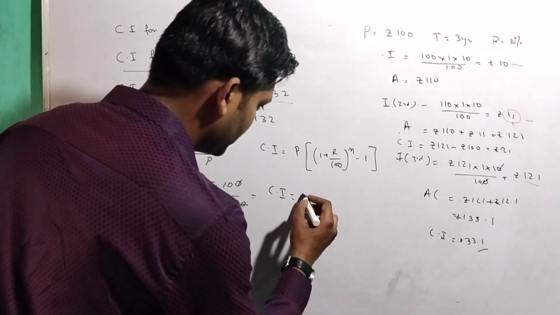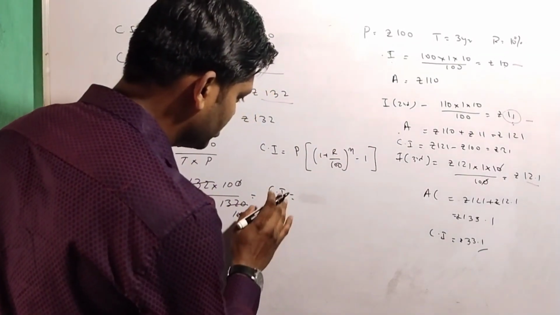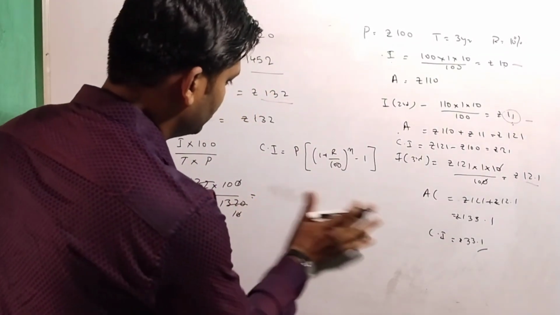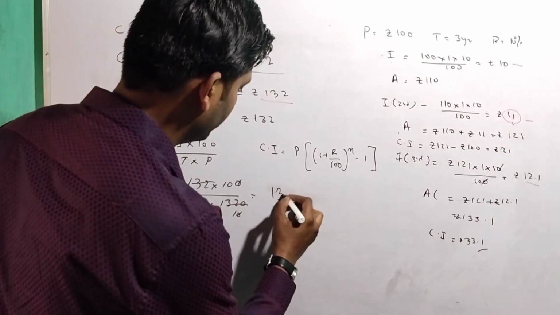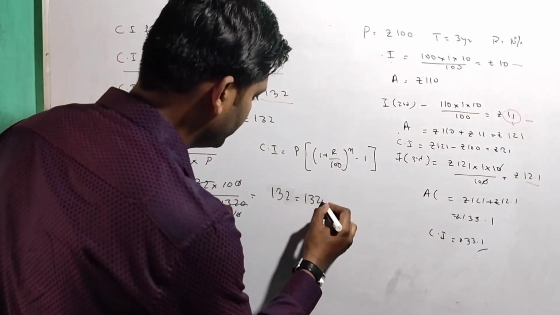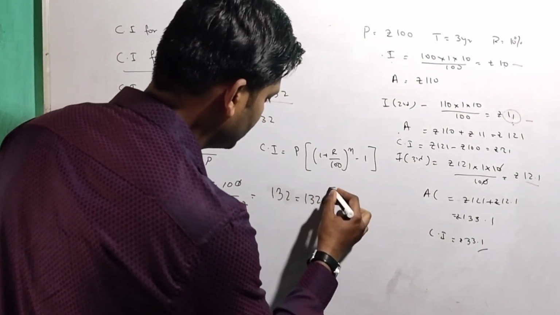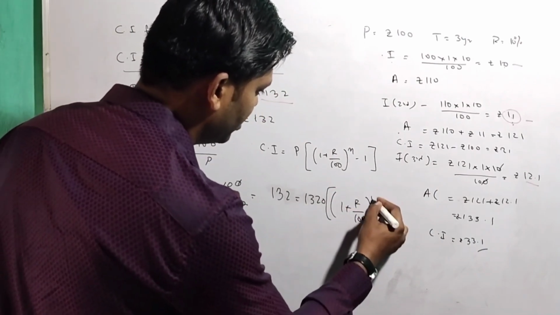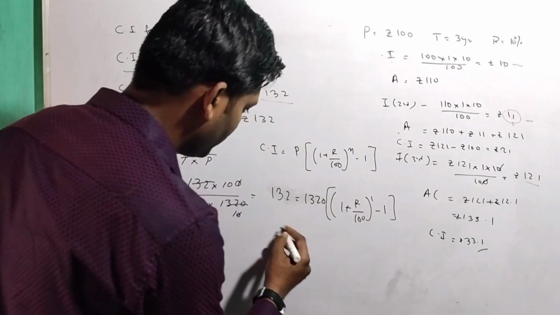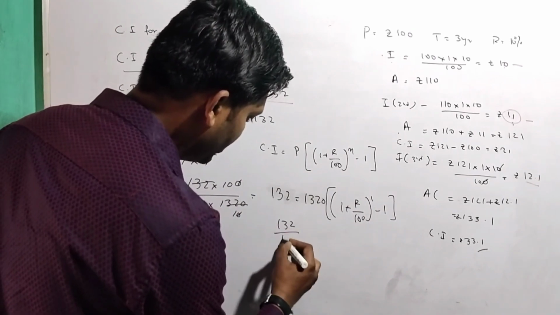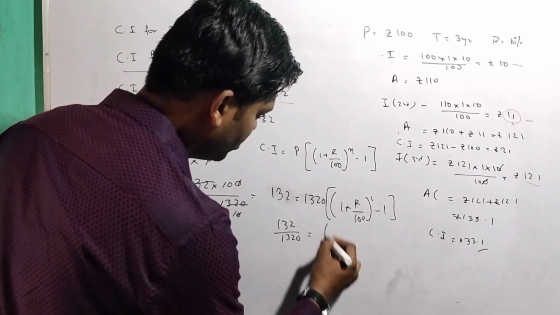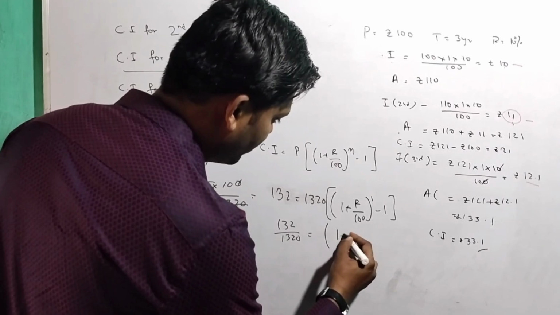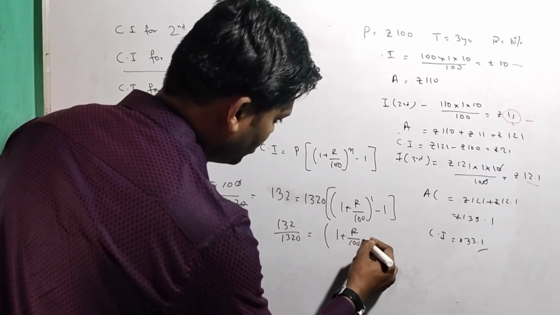For this case we have the compound interest. Compound interest is how much? 132 is equal to principal 1320 times 1 plus r by 100, to the power n, where n is 1 year, minus 1. So 132 by 1320 is equal to 1 plus r by 100, bracket open, minus 1.